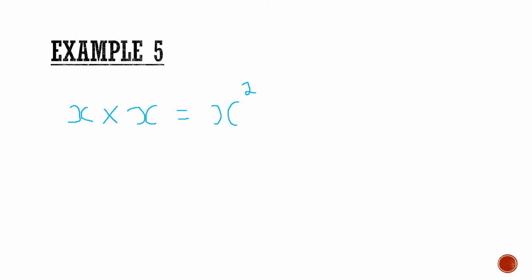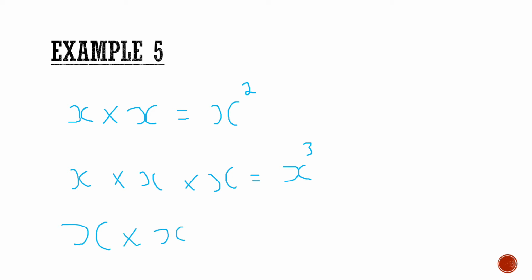And similarly, if I have x times x times x, I'm going to have x cubed, or x to the power of 3. And then finally, if I have x times x times x times x, that is going to be x to the power of 4.